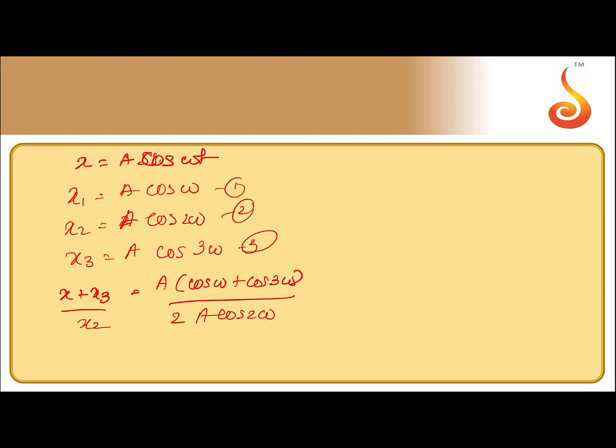That is 2 into 2, so cos 2 omega. And we can simplify it further.